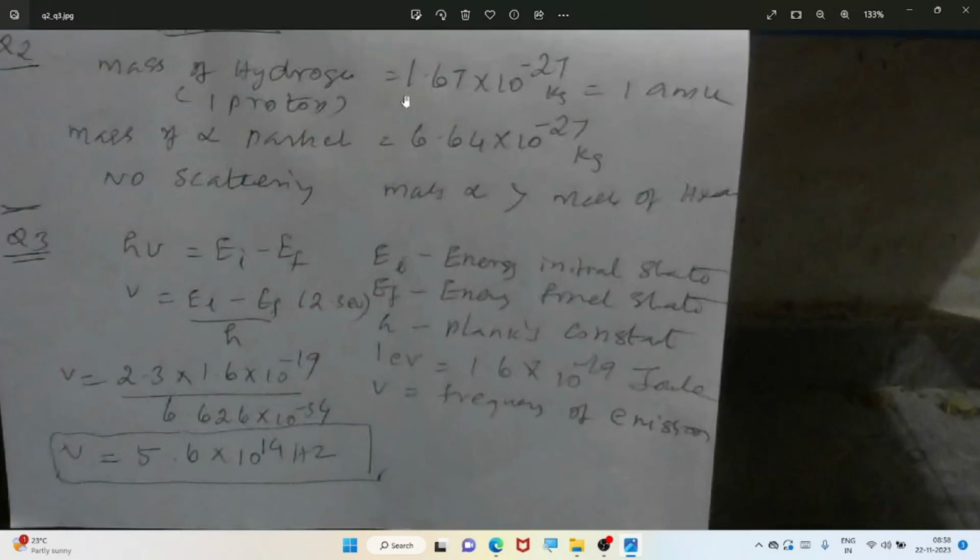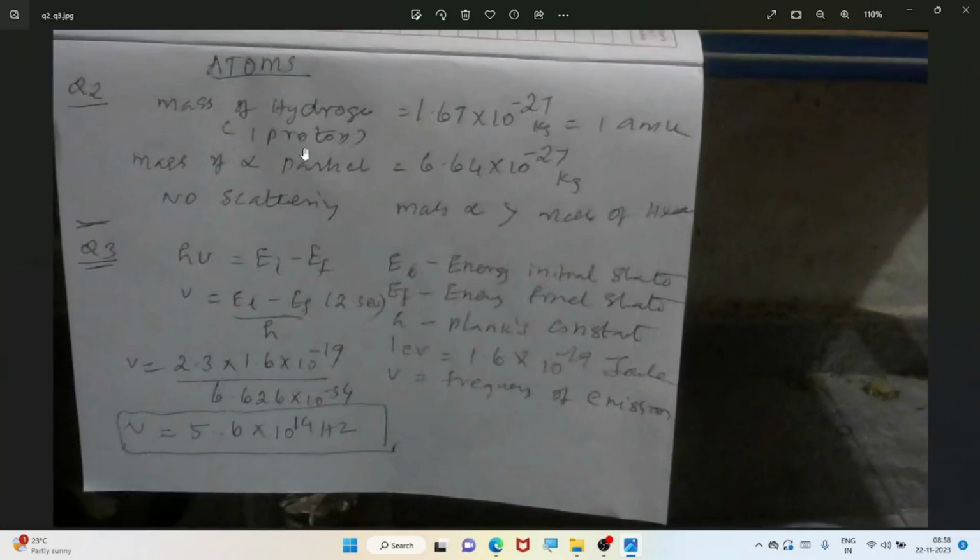The mass of hydrogen is 1.67 times 10 power minus 27 kg, but the mass of the alpha particle, that is the helium nucleus, is 6.4 times 10 power minus 27 kg, so it is around 4 times heavier than hydrogen, so there is no scattering.